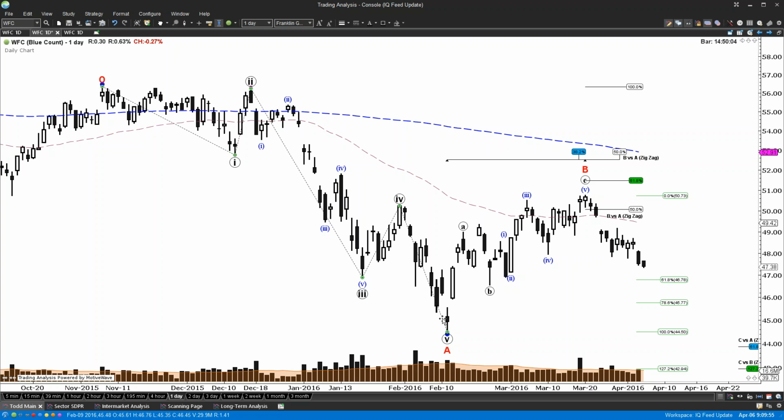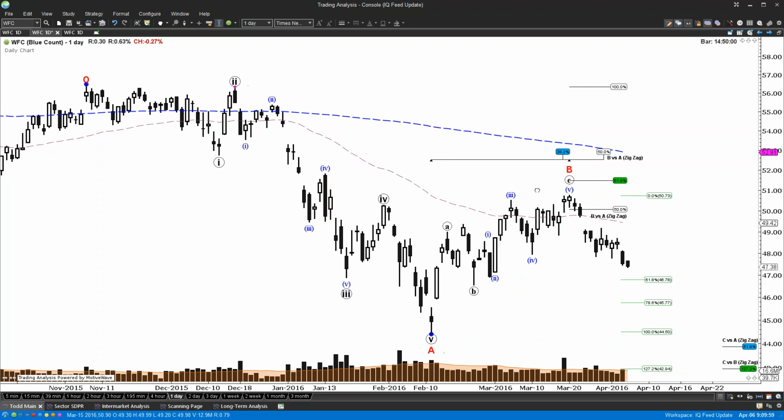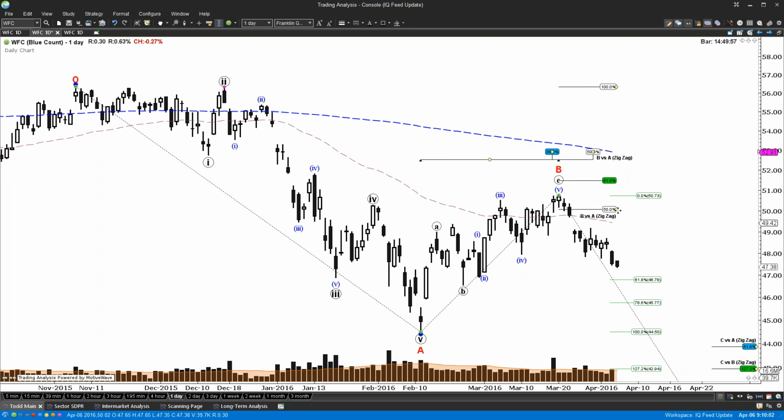Nice wave 4 up, little choppy wave 5 down, and then we're doing A, B, and then we just moved up into C. We did between a 50% and a 61% price retracement of the entire decline from 2015 down to the low. And we also just tagged the 38% time retracement. It would have been a little slicker if we tagged 50% price and time, which squaring those two up would have been right here.